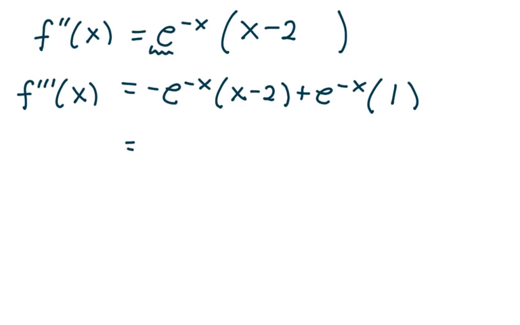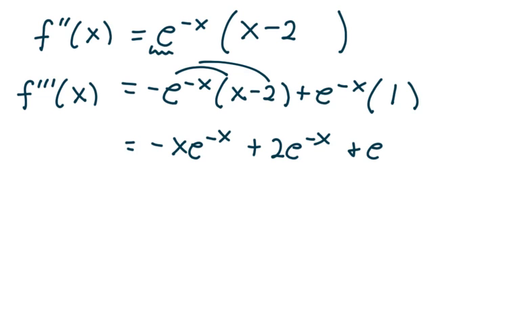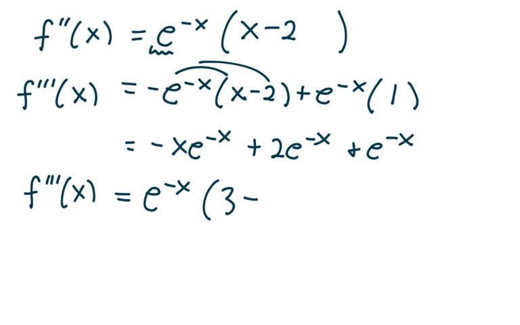So I get negative x e to the negative x plus 2e to the negative x, so I just distribute in, plus e to the negative x. So if I factor out an e to the negative x, I get 3 minus x.